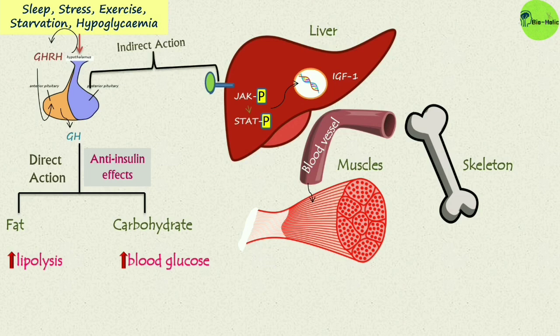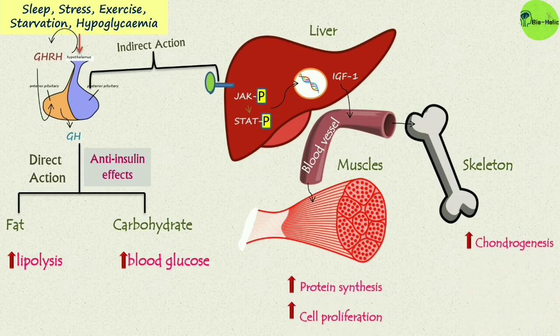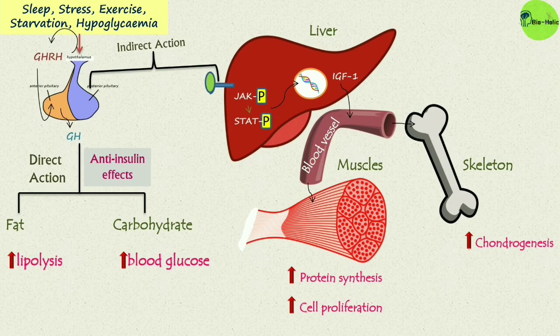This IGF-1 then acts on different muscles and bones. So this is the indirect action of growth hormone. Due to the action of IGF-1, more chondrogenesis is triggered, and in muscle, protein synthesis and cell proliferation is increased. Therefore, this indirect action of growth hormone has insulin-like effects. Clear?